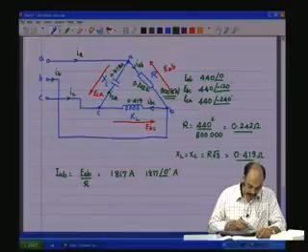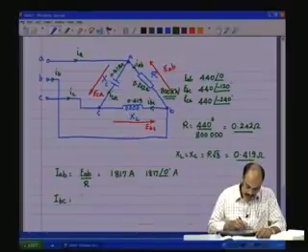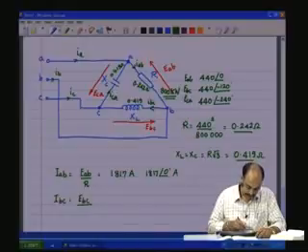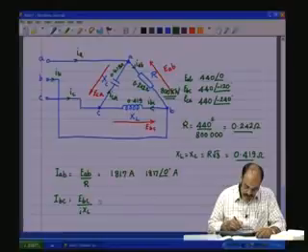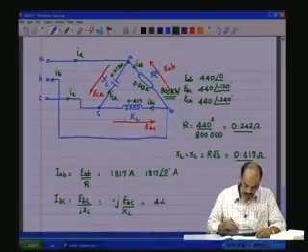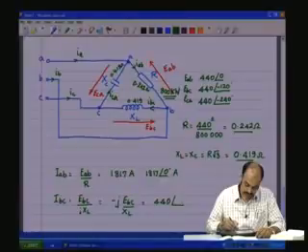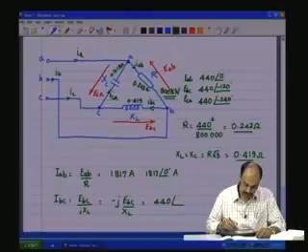Now, if I want to find out IBC, IBC will be EBC divided by jXL, which is equal to minus j EBC by XL, which is equal to 440 at an angle of minus 120.